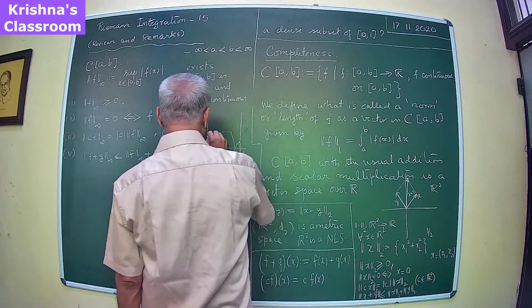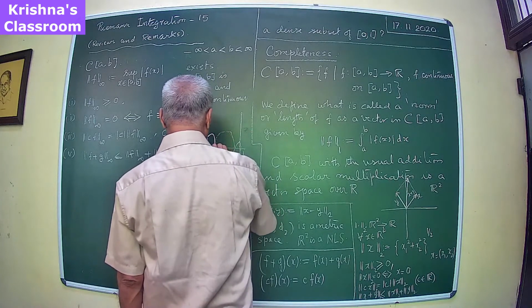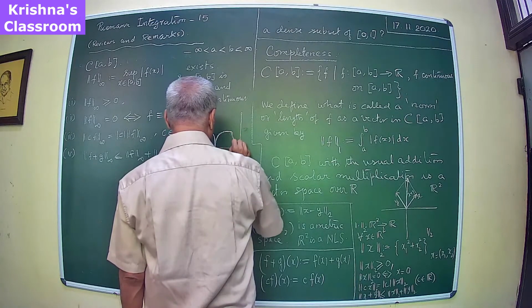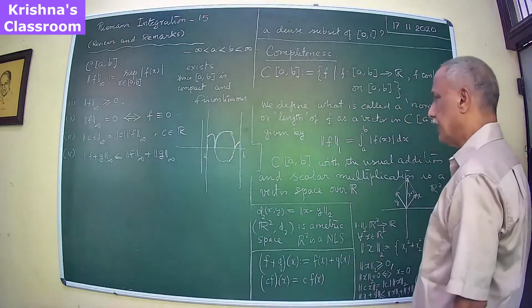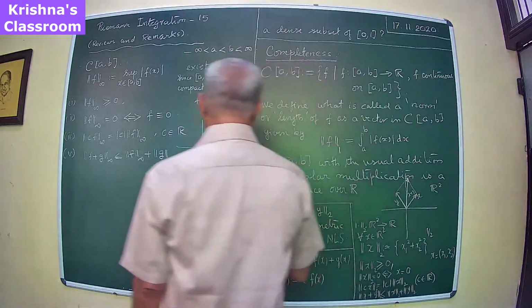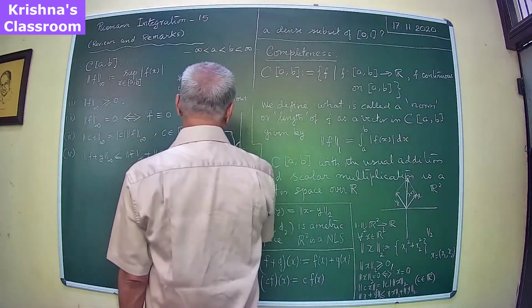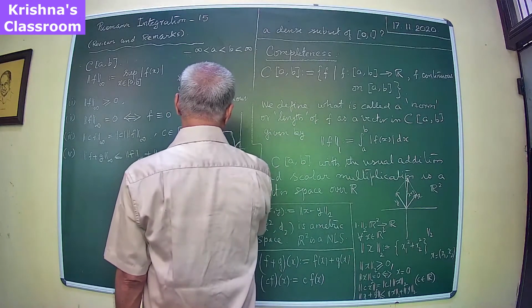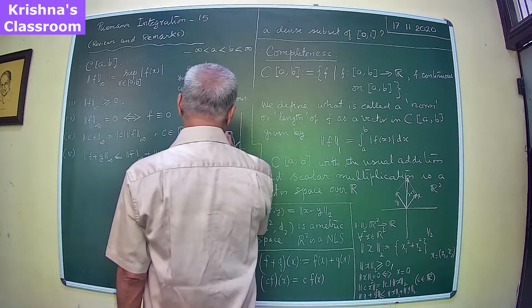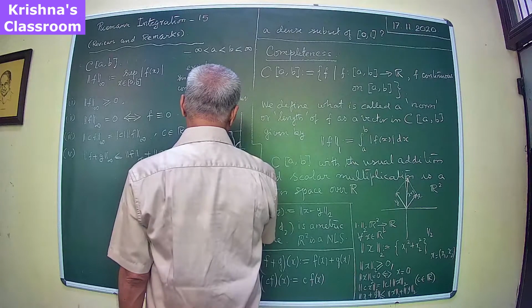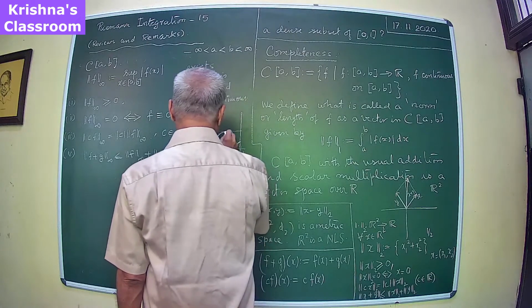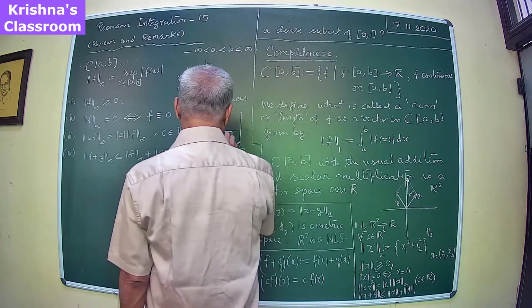So |f(x)| is this function, which is again a continuous function. Now take the maximum value or the supremum of this function on the interval, which is somewhere here. So this height is what you call the norm of f.